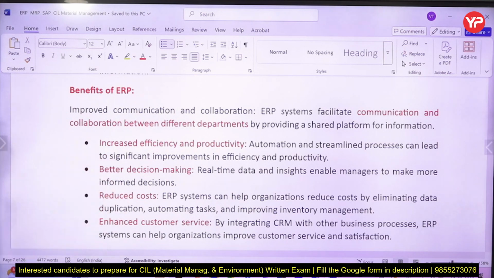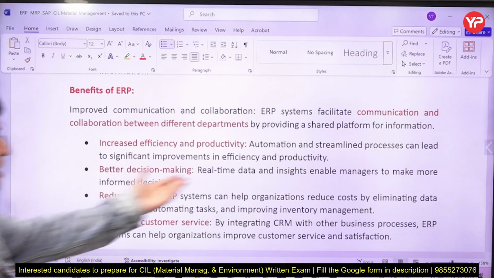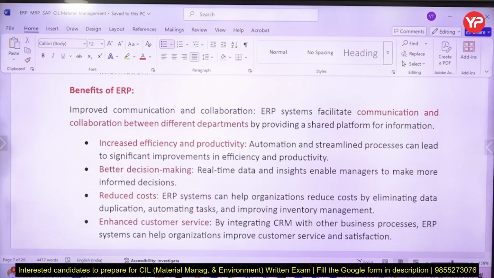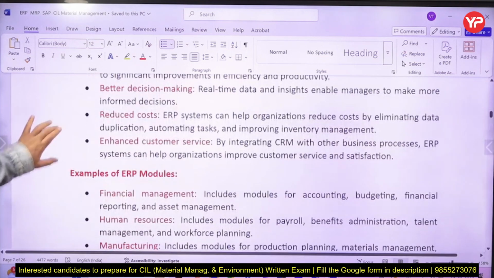It will increase the efficiency and productivity because automation always helps. It will improve decision making because you get real time data, and the managers who are to make decisions get better information, better insight, and can make informed decisions.